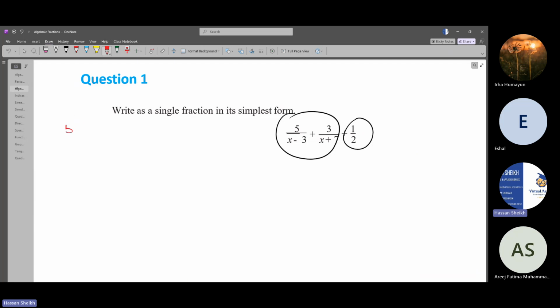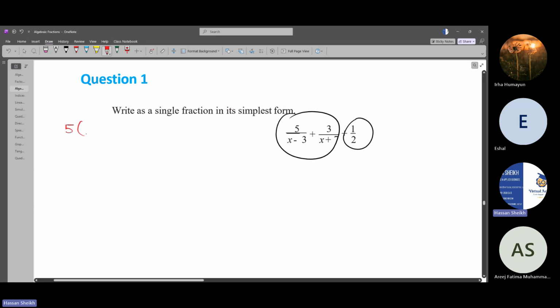So to make the denominator of the first two fractions the same, I'm multiplying the first fraction with the denominator of the second fraction. Is it correct? Yes. And I'm multiplying the second fraction with the denominator of the first fraction like this.